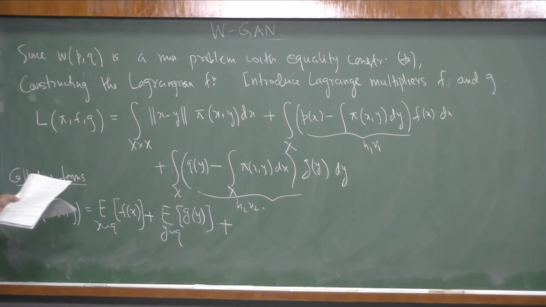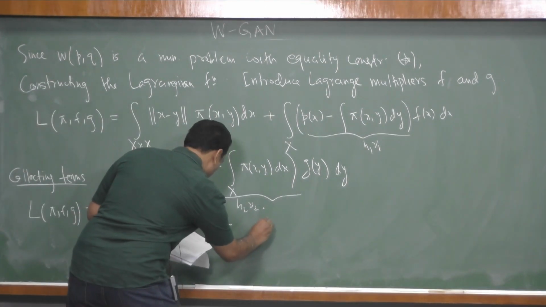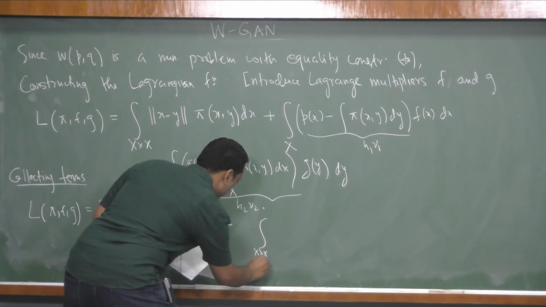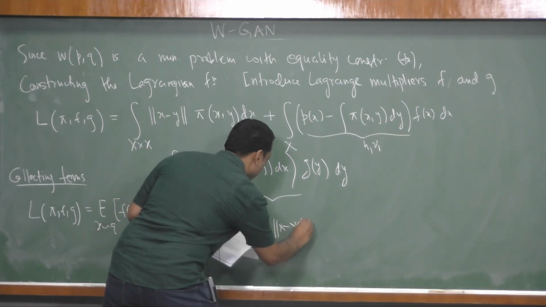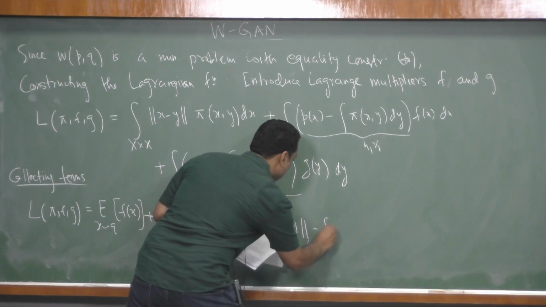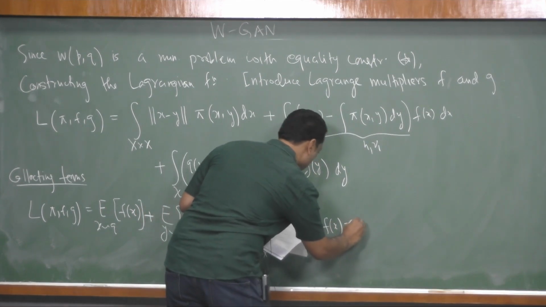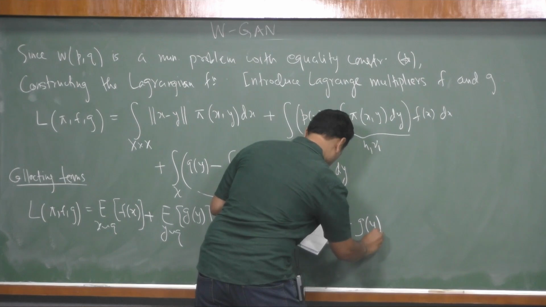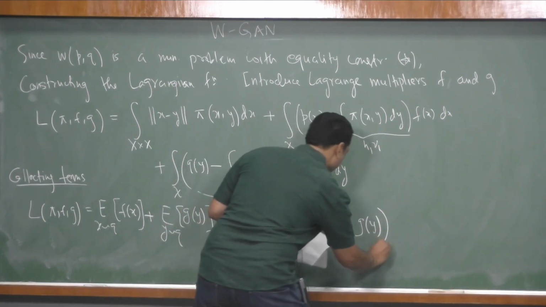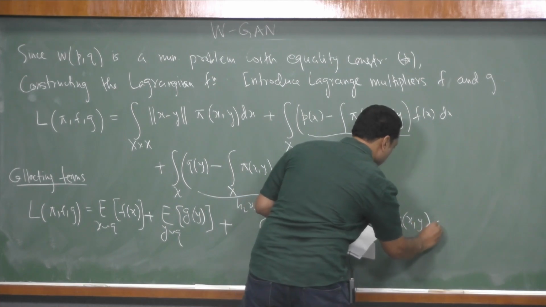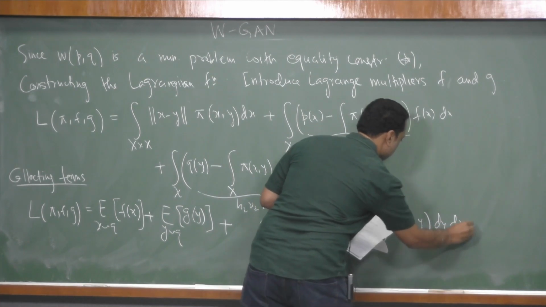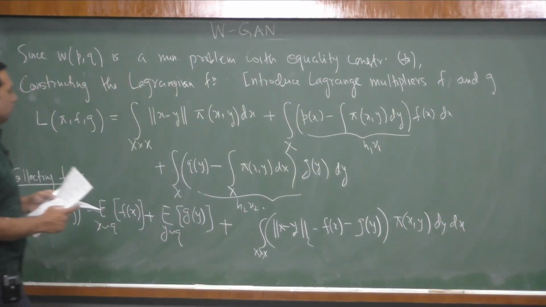So we have those pi(x,y) common now. So the remaining goes here: norm of x minus y, minus f(x), minus g(y), times pi(x,y) dy dx.